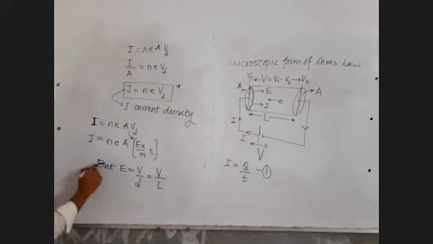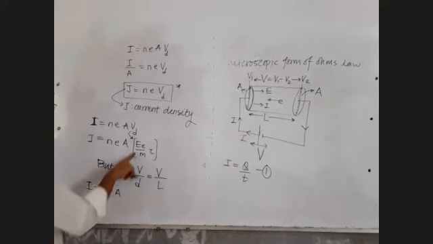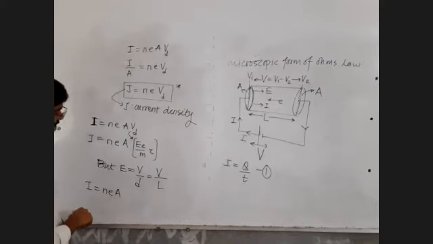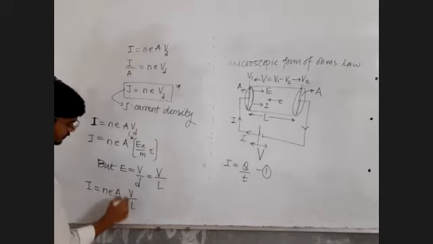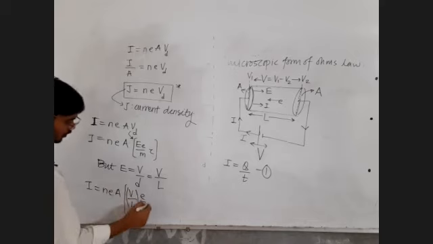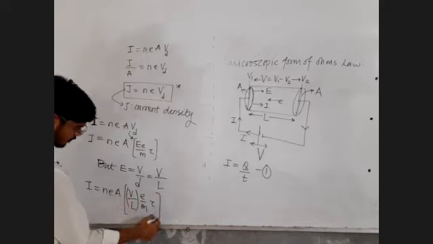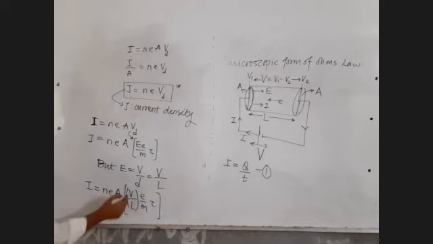Next, I is equal to N E A. Instead of E, write V upon L, into E by m into tau. Now arrange this equation so that V is equal to something.